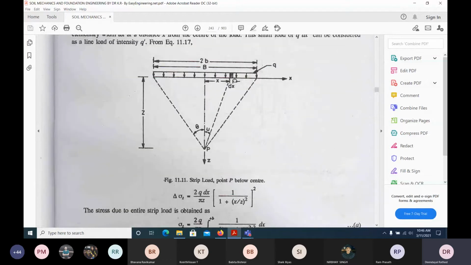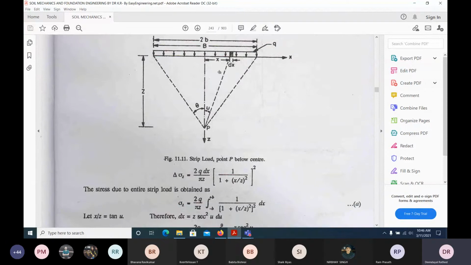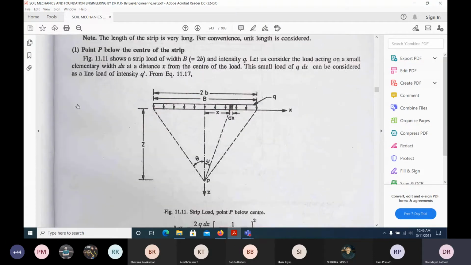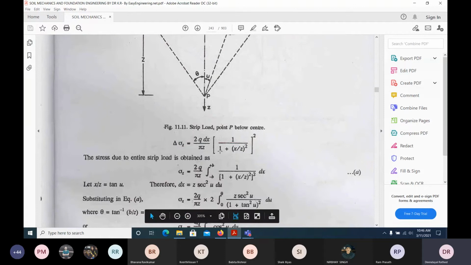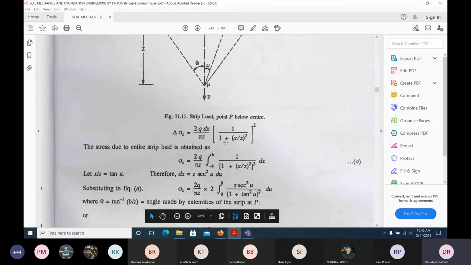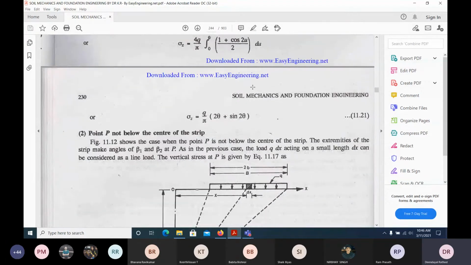Now here I don't want a small element, I want the whole strip. What is the vertical stress at the point P because of this whole strip? Then I have to integrate from minus b to plus b, where b is half the width. When you integrate it, finally you will get this equation.